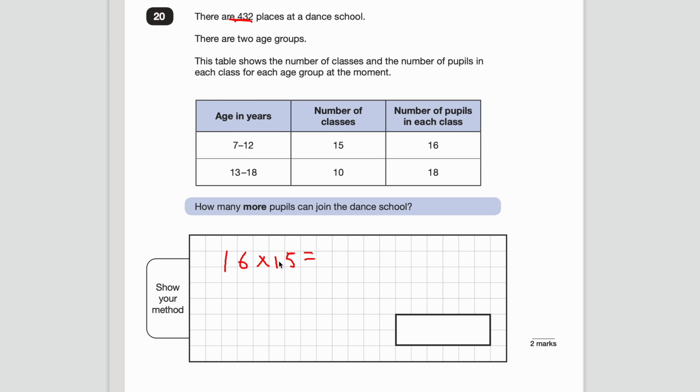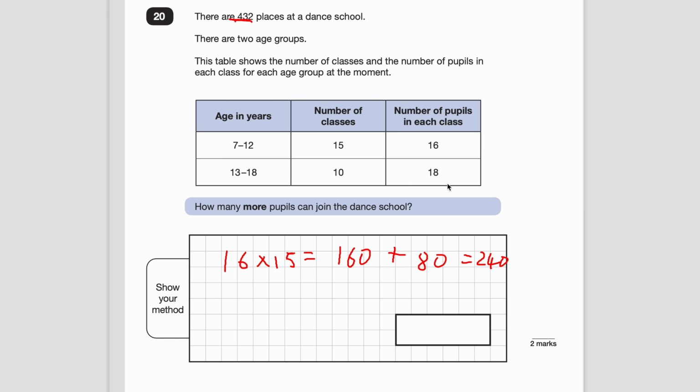So instead of this, I'm going to do 16 times 10, and then I'm going to do 16 times 5 and add them together. So 16 times 10 is 160, plus 5 times 16, which is going to be half of this. So half of 160 is 80. So 16 times 15 is 240. That's how many we've got in this age group.